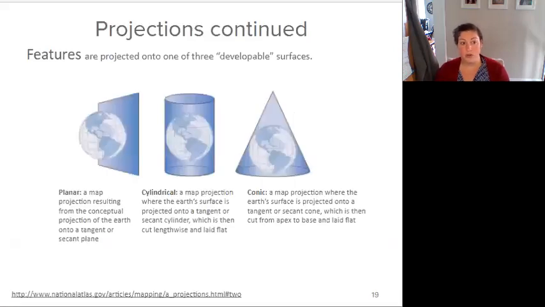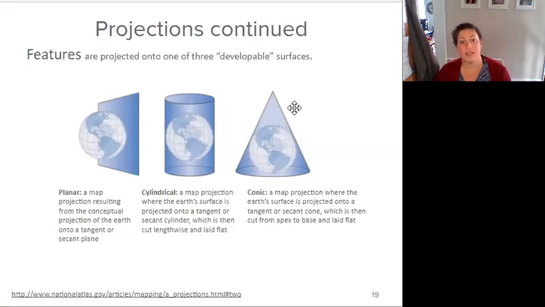So that video went over the 3 different types of projections: planar, cylindrical, and conic. Cylindrical is what the Mercator is based on, and it gives you the most accurate size at the equator. Planar would give you the most accurate size where this plane is touching the Earth. So in this case, the Middle East.